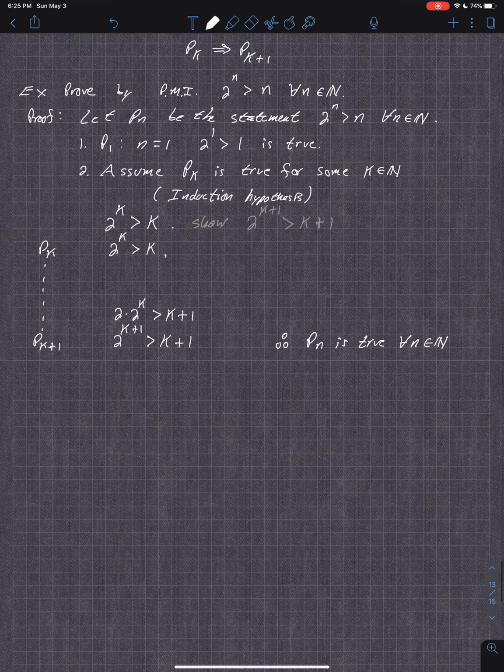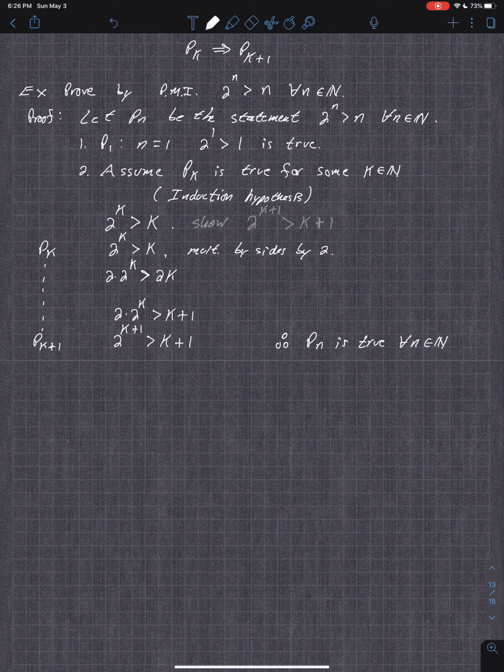So let's multiply both sides by 2. You can multiply both sides by 2, a positive number. So what you get then is 2 to the k plus 1 is greater than 2k.